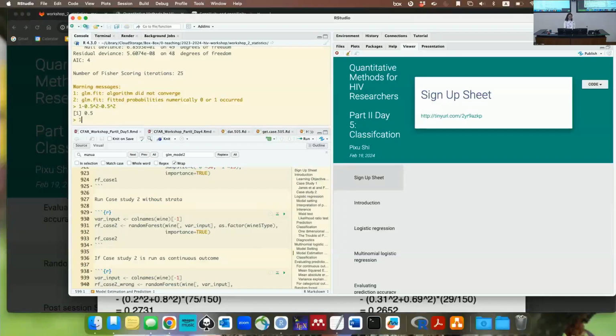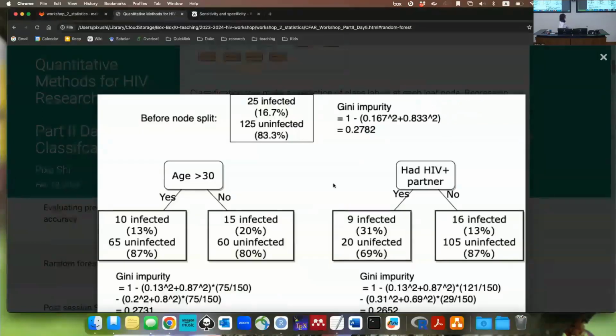It's going to be 1 minus 1 squared, which is 0. So the larger the value, the more evenly distributed the sample is between the two labels. And when you split the trees, you want it to be smaller, because you want each leaf node to have only one label.